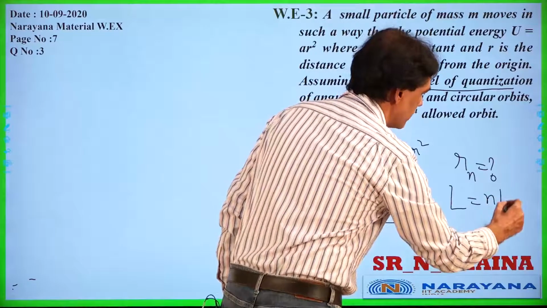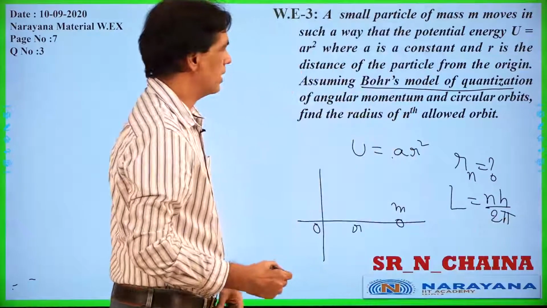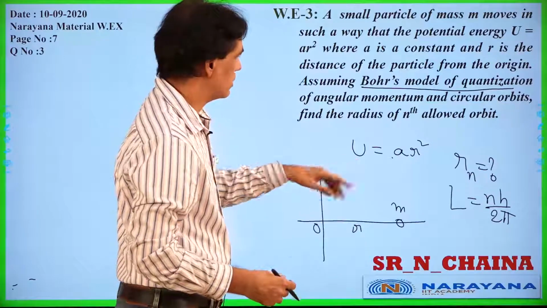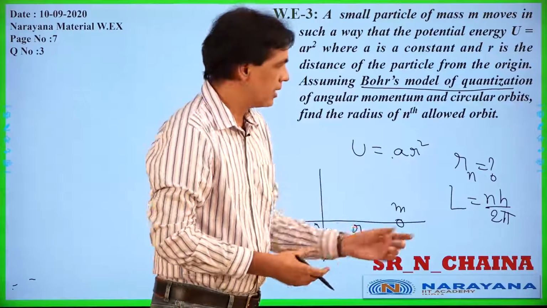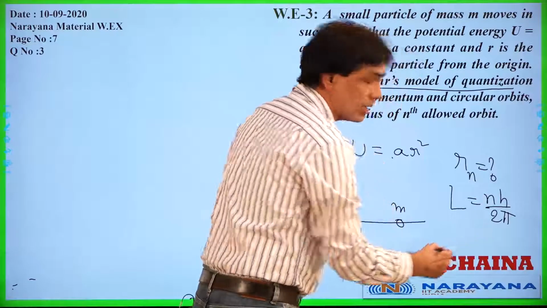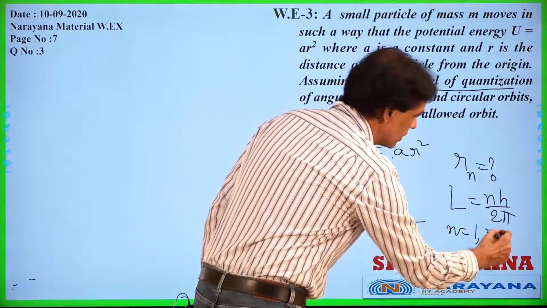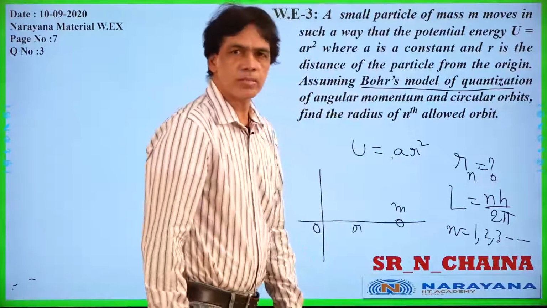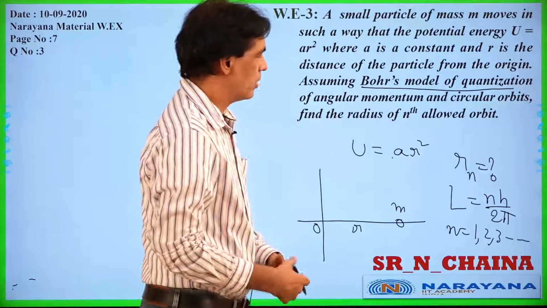This is Bohr's angular momentum quantization: if an electron is revolving in any particular orbit, its angular momentum is an integral multiple of h by 2 pi. That means here n equal to 1, 2, 3 and so on, natural numbers. It will not take 0.